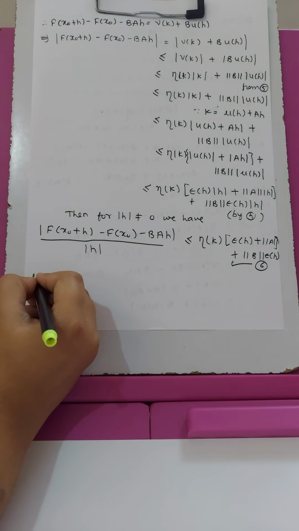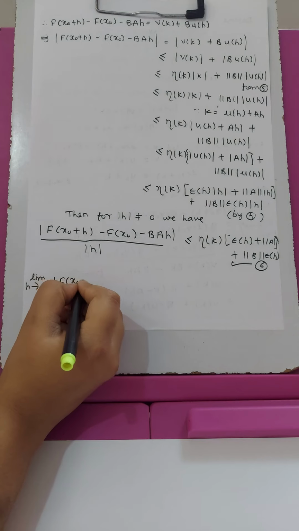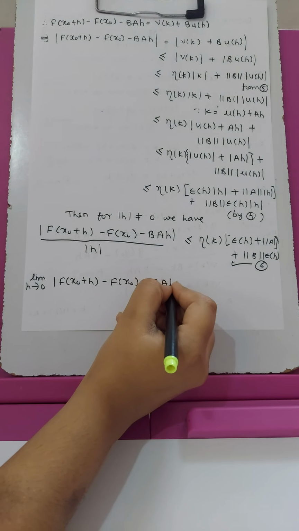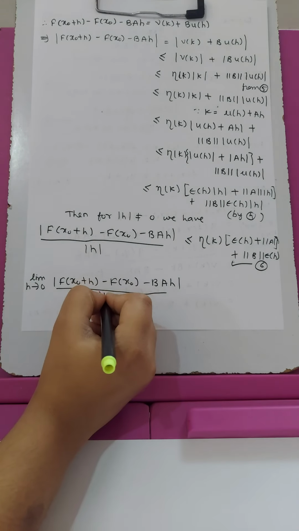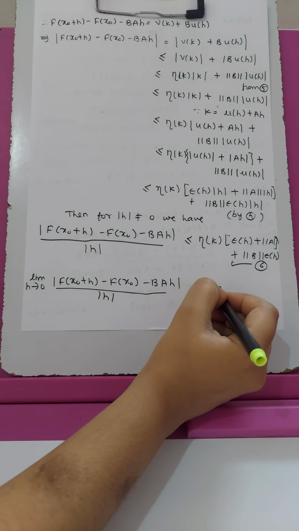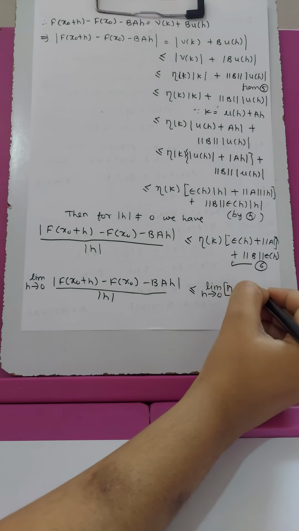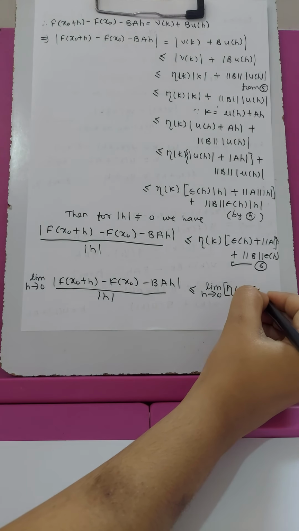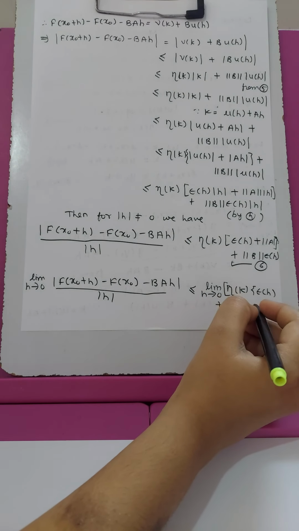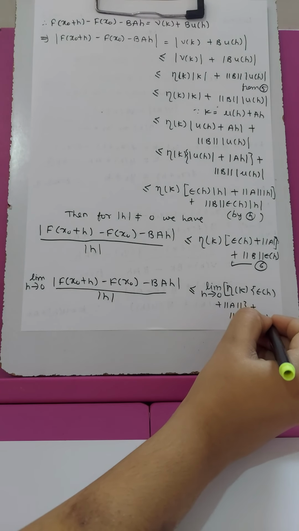Now taking limit h tends to 0 we get mod of f of x0 plus h minus f of x0 minus bah upon mod h to be less than or equal to limit h tends to 0 of eta of k in bracket epsilon of h plus norm a plus norm of b epsilon of h.